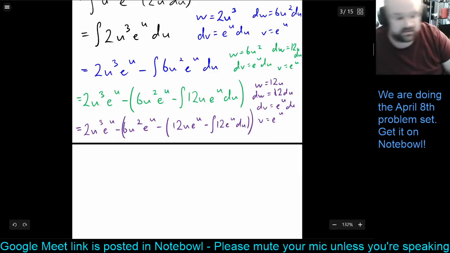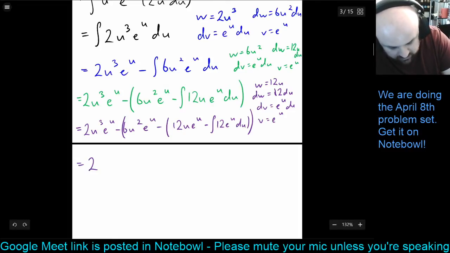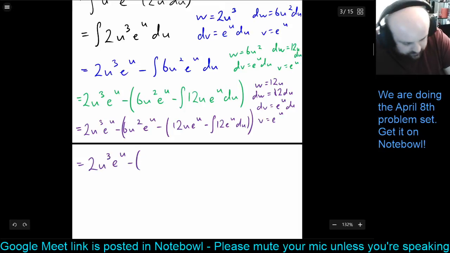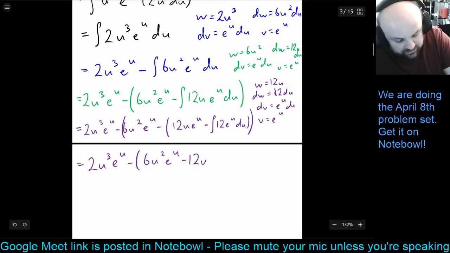All right, so let's start sorting out all this parentheses stuff. 2u cubed e to the u minus, we'll distribute this one first. This one, we get minus 12u e to the u plus 12e to the u plus c.